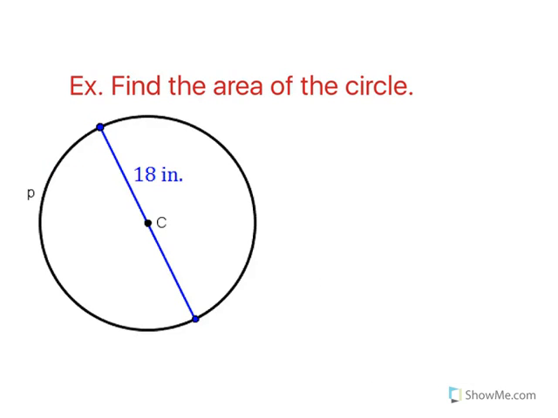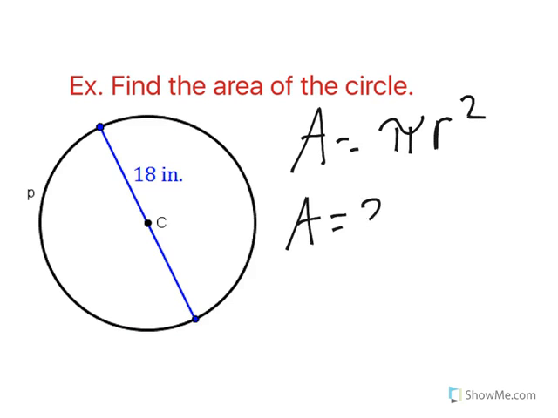My last example, another area example. I'm going to say area equals pi r squared. This time we're given the circumference and not the radius, so we have to be careful. Area equals pi, 3.14, times my radius. From here to here is my diameter, and I know that radius is half of my diameter. Half of 18 is 9, so I'm going to say times 9 to the second power.